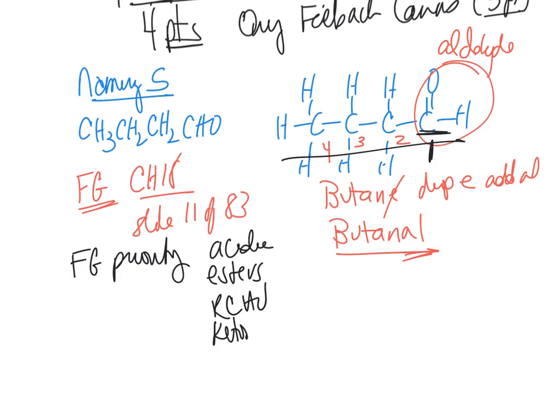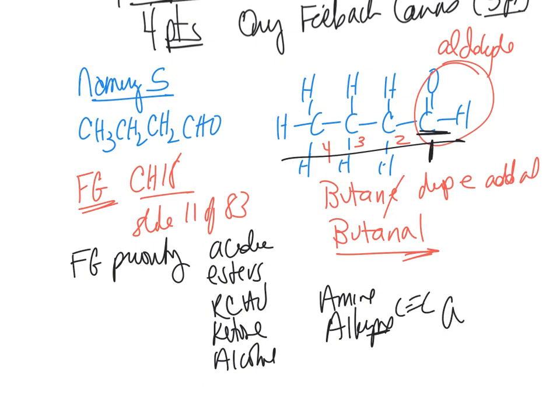Then ketones, then alcohols, and then you have an amine. You have alkyne, a carbon-carbon triple bond, and an alkene, a carbon-carbon double bond, and then you have alkanes. Below alkenes are ethers, and the lowest is the halides.